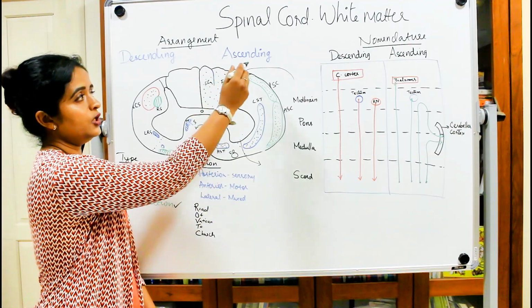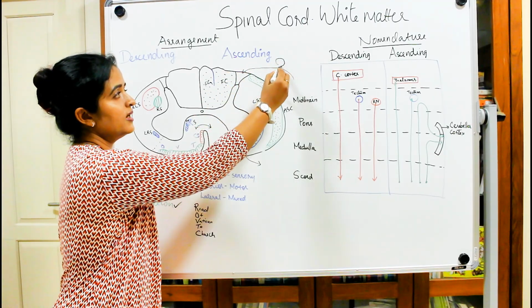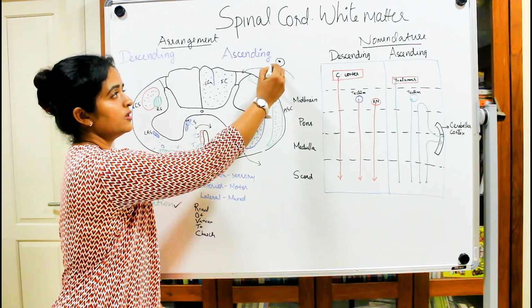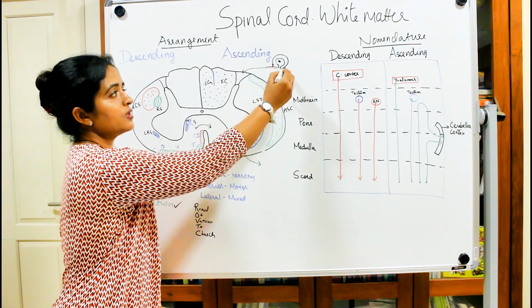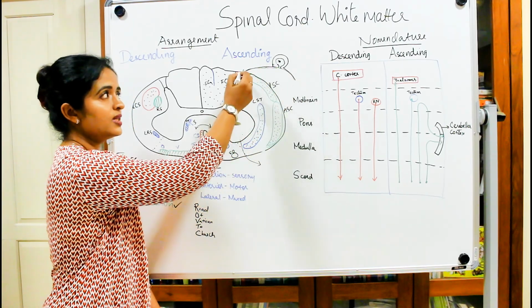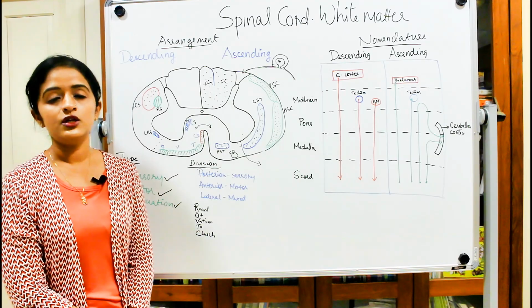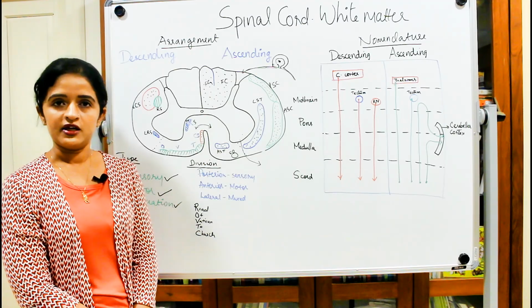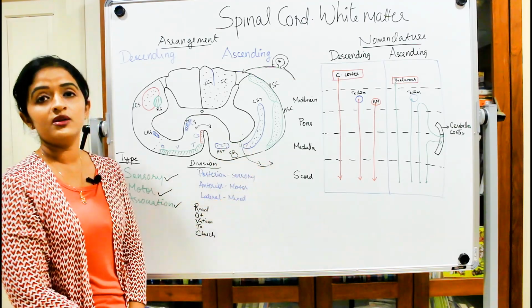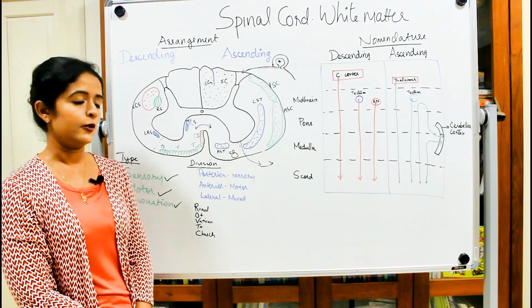So the sensory neurons will be actually the central process. You have the pseudounipolar neurons in the dorsal root ganglia. It has got a peripheral process and it has got a central process. So it is through the central process the sensory neurons enter into the spinal cord. And you have the ventral root of the spinal nerve through which the motor part is leaving the spinal cord.